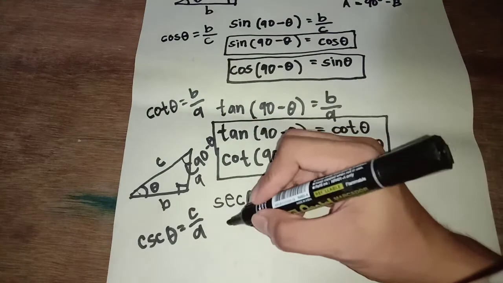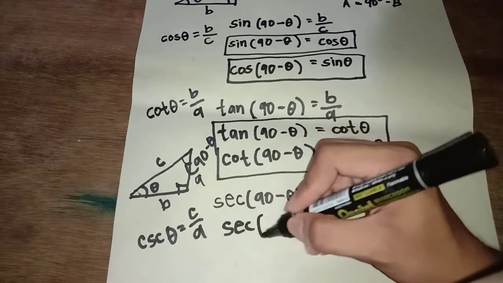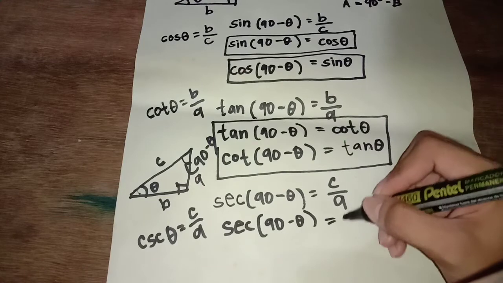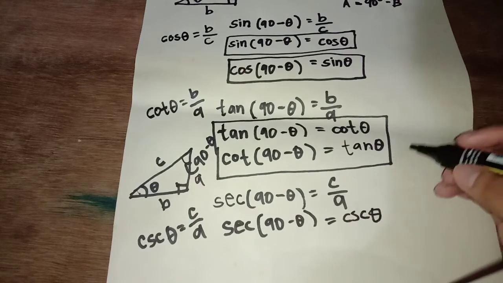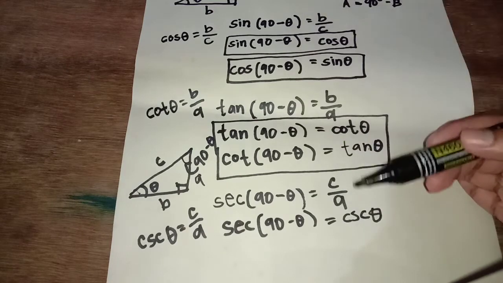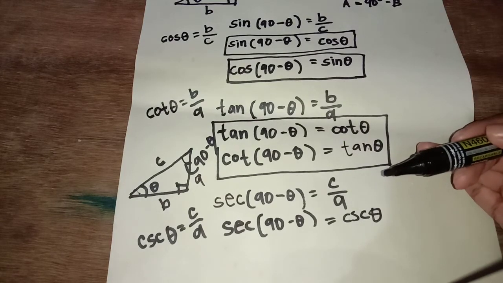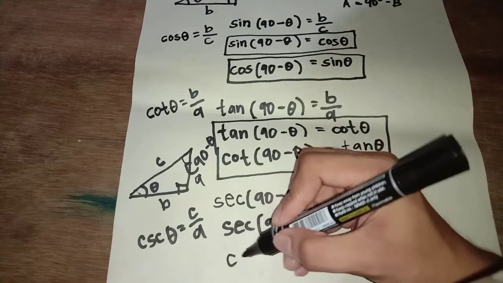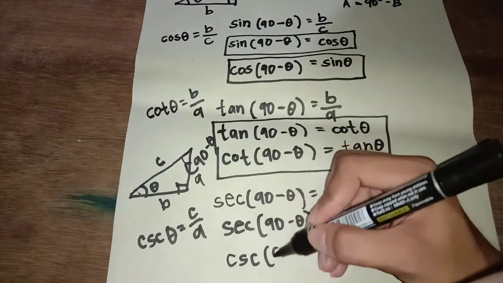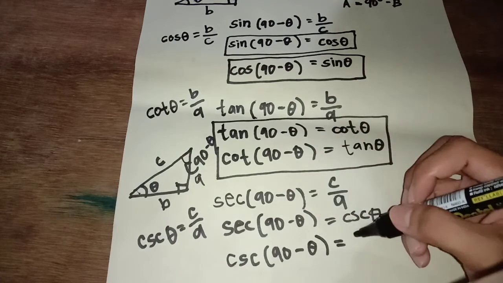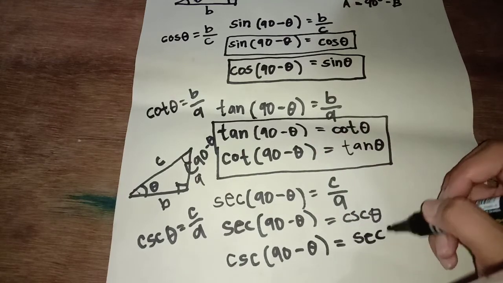Ang secant of 90 minus theta is equal to cosecant theta. But since secant and cosecant are cofunction and complements, ang cosecant theta, cosecant 90 minus theta is equal to secant theta.